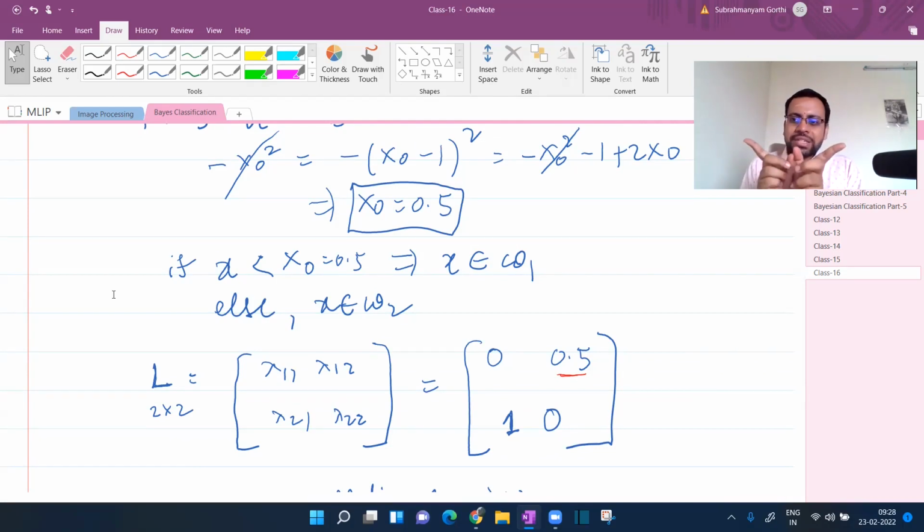If your feature vector has two components, you would have got a surface. If it is for more than two, you would perhaps call it a decision hyperplane, or typically people call it a decision surface in L-dimensional space.